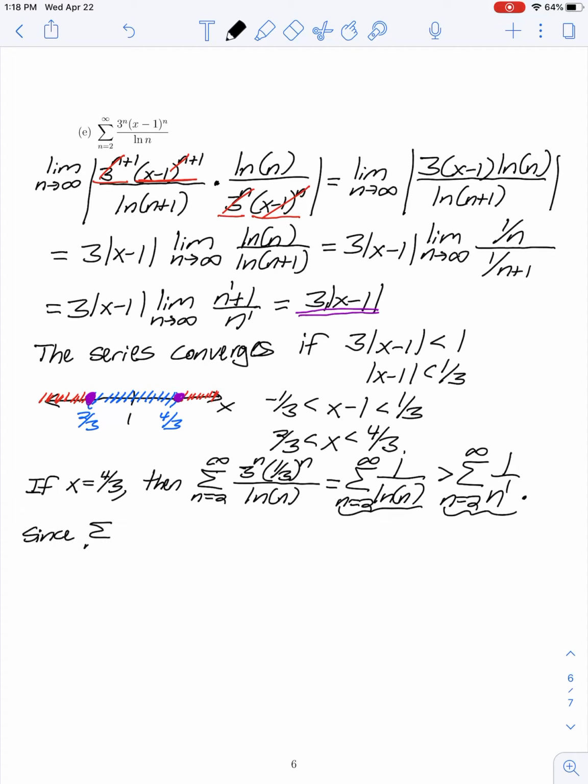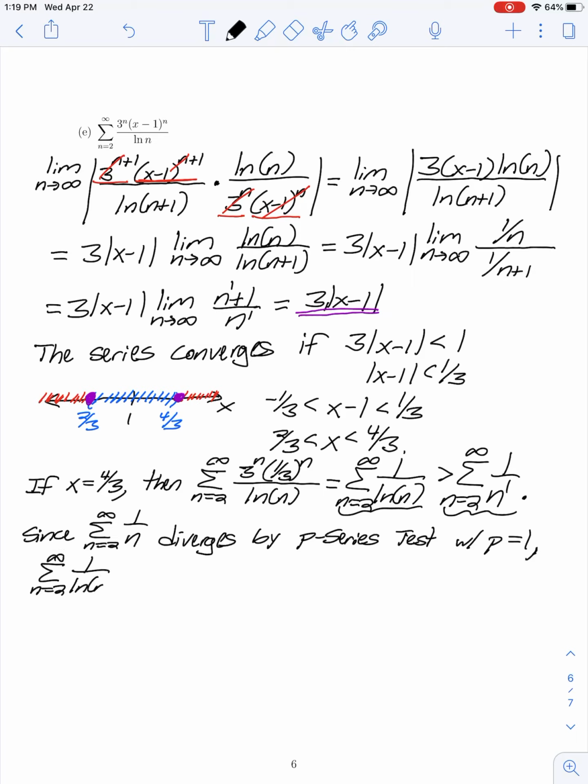Since the sum of 1 over n to the first diverges by the p-series test, with the value of p being equal to 1, that means that our series from 2 to infinity of 1 over the natural log of n also diverges by the direct comparison test.